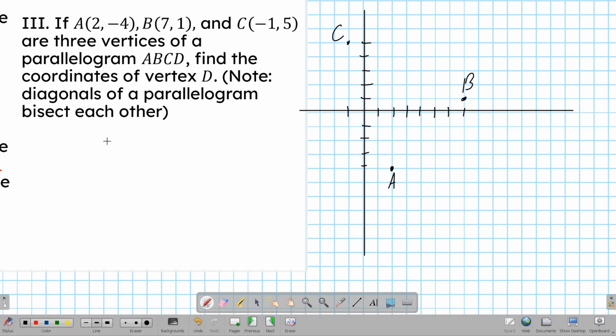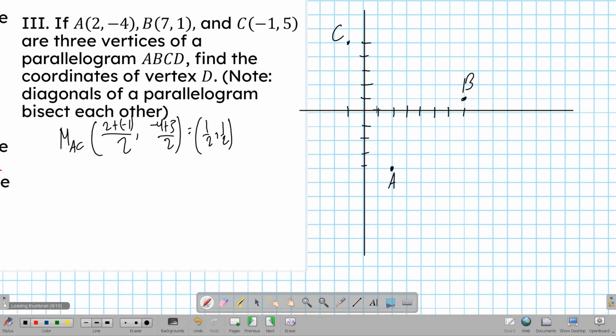So first, let's find the midpoint of AC. Let me write it this way here. The midpoint of AC, which would be, that's 2 plus negative 1 over 2, following our formula. And then, that's negative 4 plus 5 over 2. Therefore, we're going to have the midpoint at 1/2, 1/2.